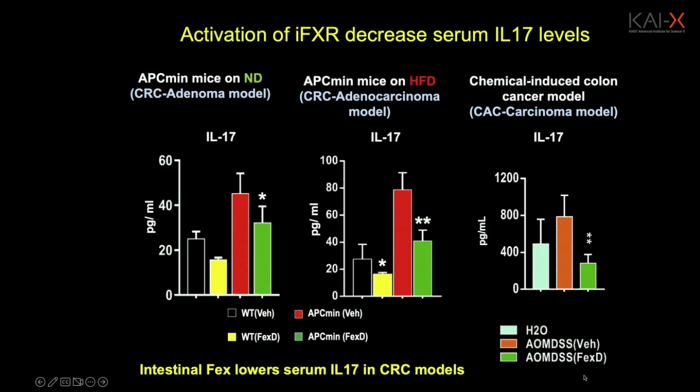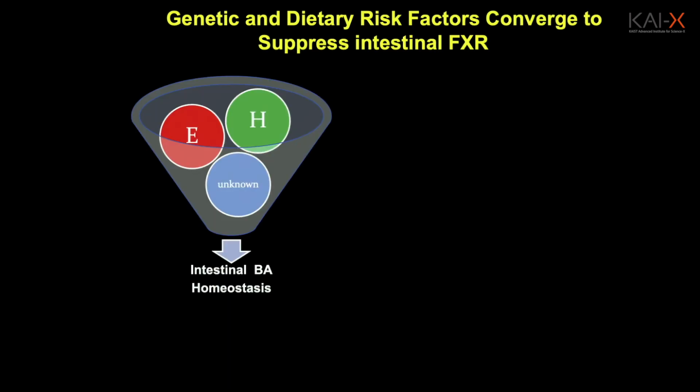And so what we're saying is giving back and activating the FXR receptor is actually potentially a way to think about in colitis and colitis-induced cancer models this a potential therapy.